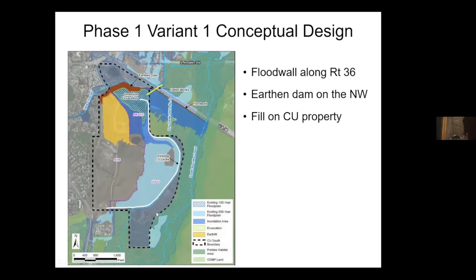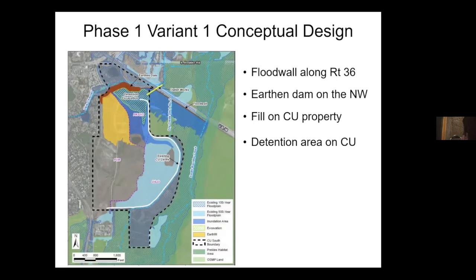That's the CU South property, going around with my mouse here. This part that would be the fill would raise this part of the land up to above the 500-year flood elevation. The areas south of it, which are just this gray color from the air photo, are themselves already above the 500-year flood elevation.